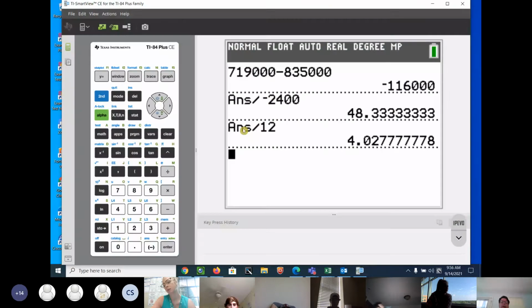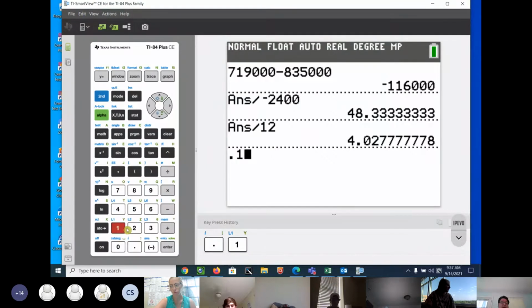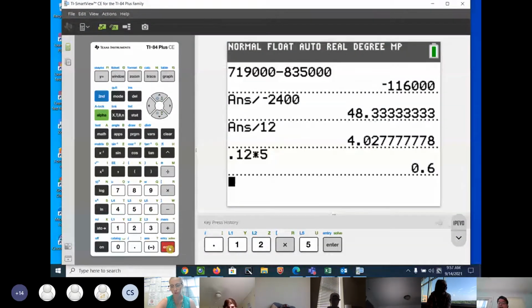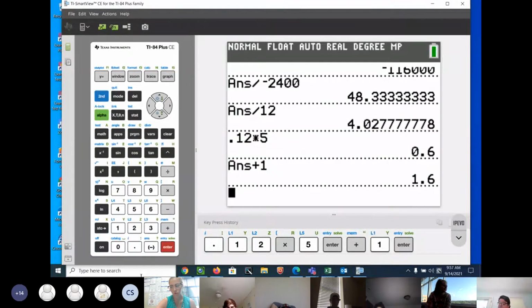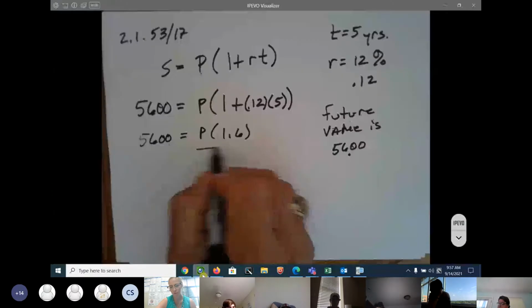All right, so 0.12 times 5 is 0.6. That's right. Plus 1 is equal to 1.6. So 5,600 is equal to P times 1.6. And now we divide by 1.6.